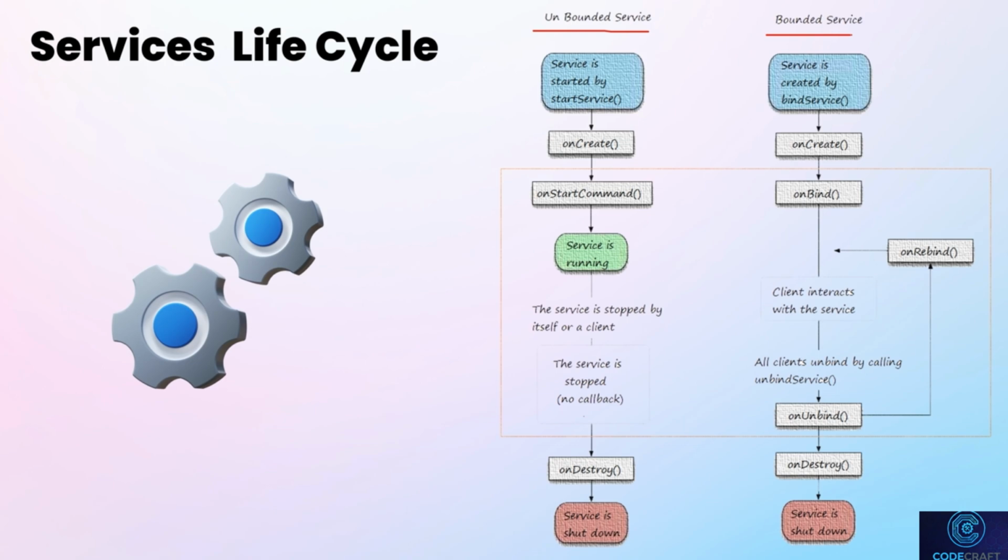Be cautious about managing the service lifecycle properly. If you don't manage it correctly, it can lead to resource leaks or unintended behavior in your application. And remember that the specific use case for each type of service will determine whether to use bound or unbound services and how to handle their life cycle.